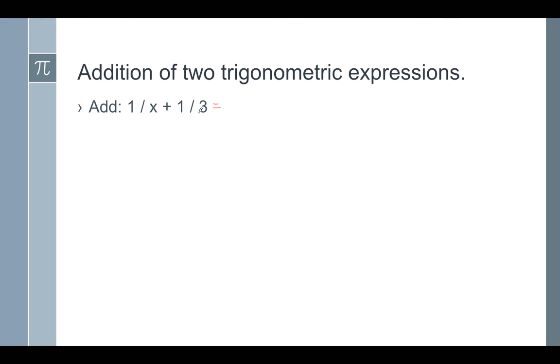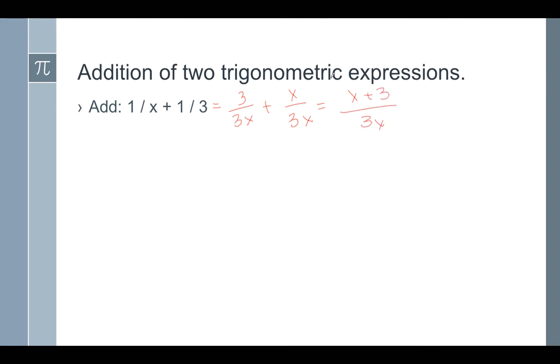Well, if this one's x and this one's 3, my common denominator is 3x. So I need to multiply the left fraction by 3, and I need to multiply the right fraction by x. And when I add these two things together, I just get x plus 3 in the numerator over 3x.